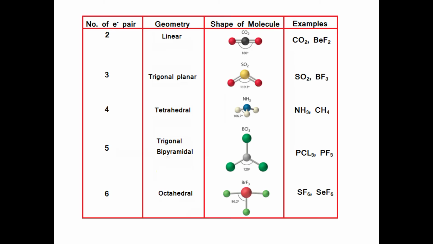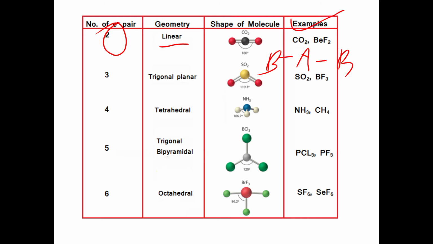And another important type of question from the 5th chapter is the geometry of different molecules. If the number of electron pairs is 2, its structure is linear, for example, AB2 type.